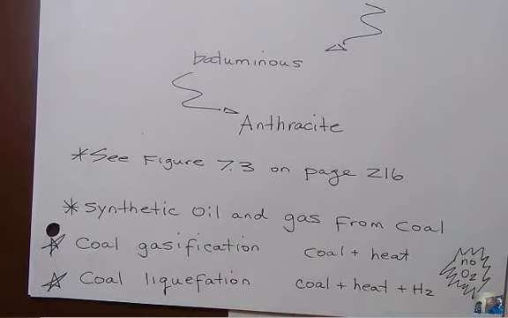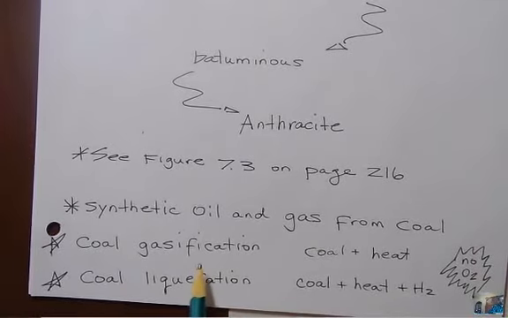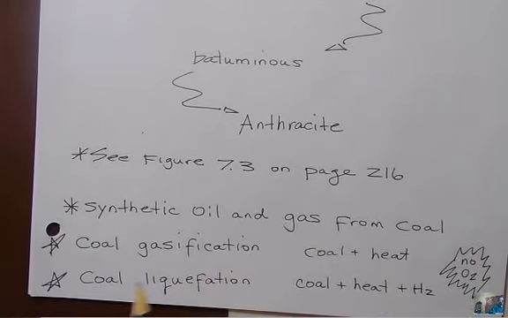And that coal gas can be used to heat homes. In fact, in Europe, and especially in England, up until the 1950s, most of the homes were heated with coal gas. Very dangerous stuff because of the carbon monoxide content in it.